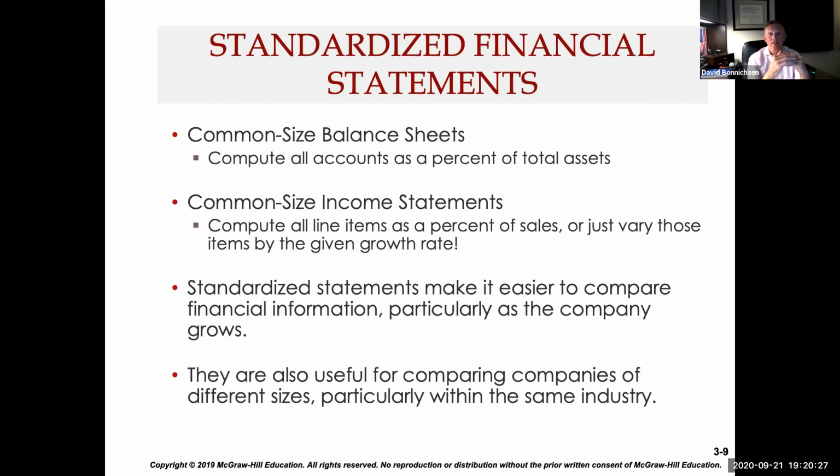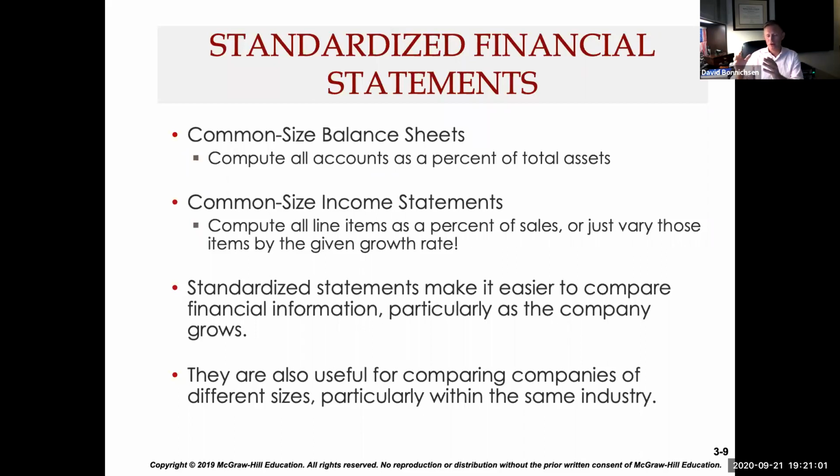We look at these financial statements on a standardized basis. So when we think about a common size balance sheet, we just take everything and look at it as a percentage of total assets. So we take cash divided by total assets, AR divided by total assets, inventory, net fixed assets, accounts payable, notes payable, long-term debt, common stock, retained earnings, all as a percentage of assets, right?